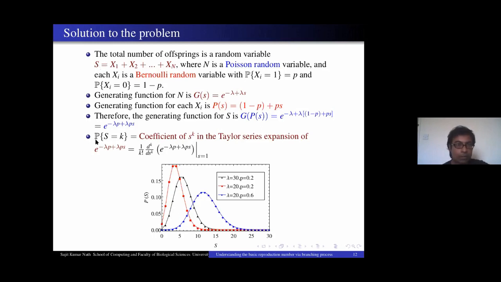Now, if I ask what is the probability, so S is the number of offsprings of a single plant, which is a random quantity.